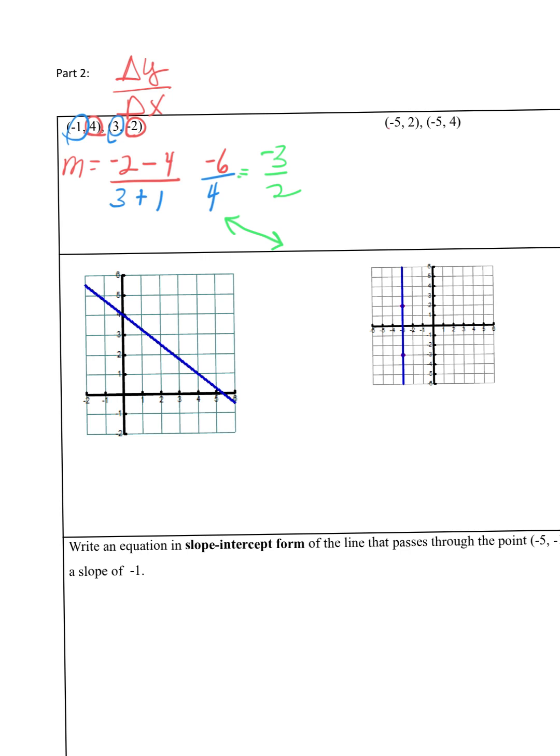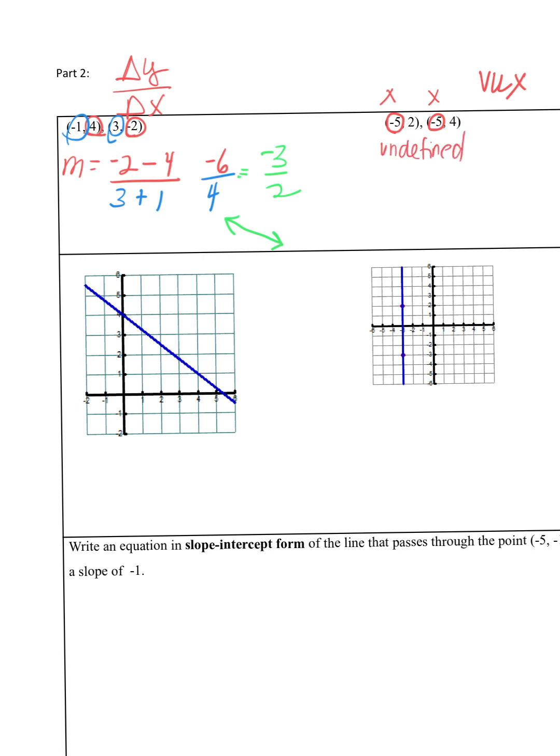And if you look here, we see that in this next set of ordered pairs that we have repeats in the x coordinate. And so we should know that this is a vertical line and it has undefined slope because all the x values are the same. And so we can immediately just say that the slope is undefined.